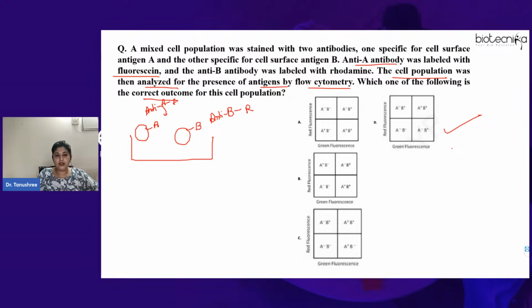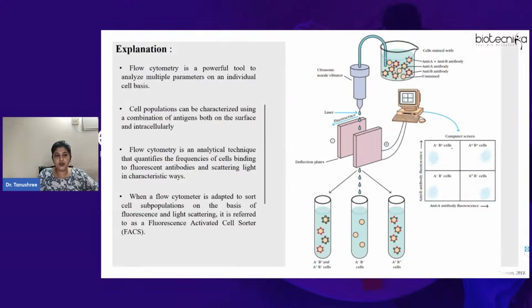I'm sure as you are answering the question, you know what flow cytometry is, right? Flow cytometry, as you all know, is a very powerful tool used by immunologists to study multiple parameters on the cell. What are these multiple parameters? You can identify a particular cell based on a particular marker or antigen on its cell surface.